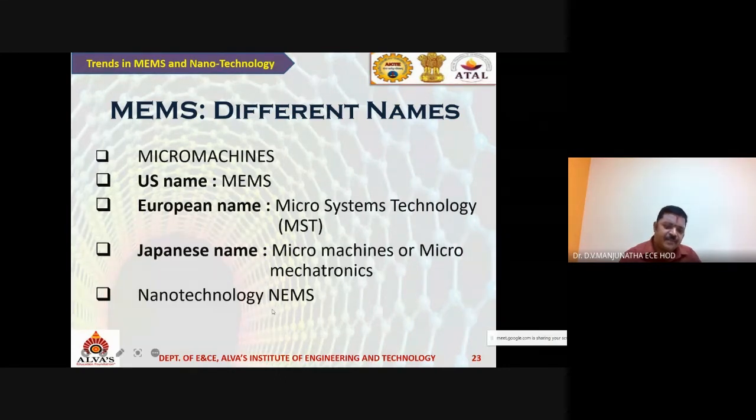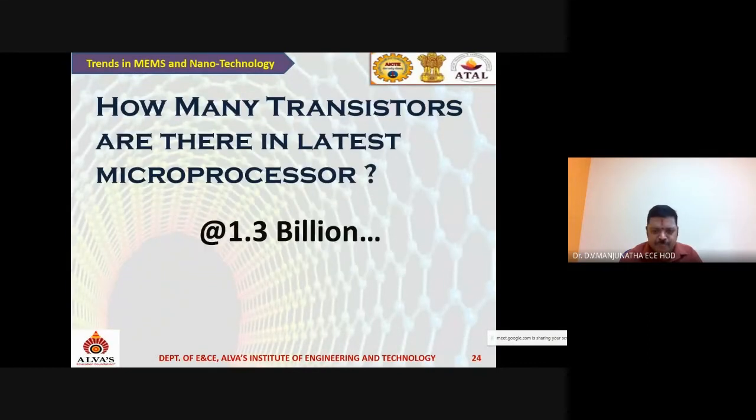Nanotechnology is called NEMS, Nano Electro Mechanical Systems, in the US, and maybe Nano System Technology, NST, elsewhere. So these are the different names in different countries for MEMS, right?